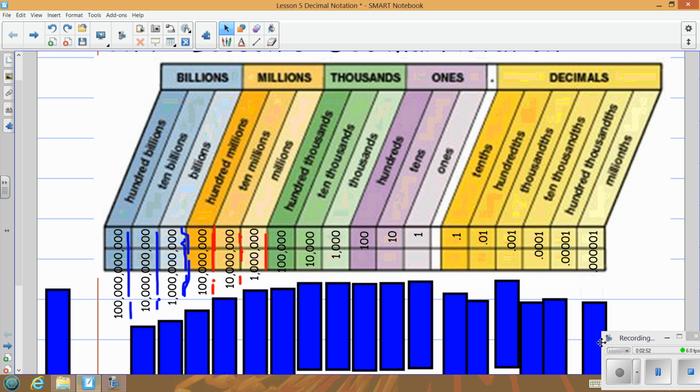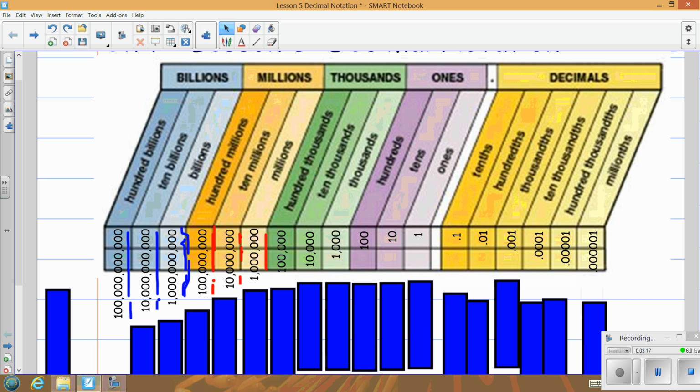How many zeros are in 100? There's 2. Thousandths, there's 3 decimal places. There's 3 zeros in 1,000. Ten thousandths, 4 zeros, or 4 decimal places. And you can kind of see the pattern would just keep on going. Okay, so that's kind of just a review of the different places for decimals.